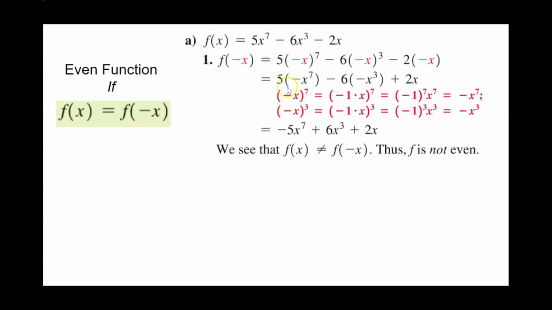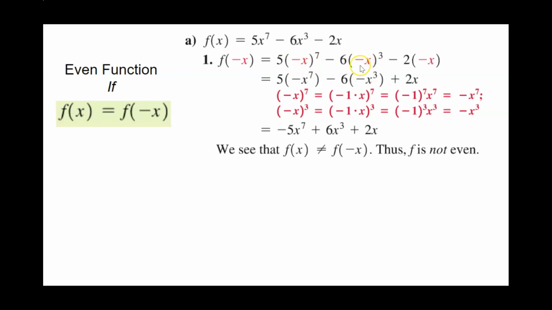If you raise a negative to an odd power, it remains a negative. If you raise it to an even power, it flips and changes to a positive. So odd remains a negative, and even will go to a positive once we do the math on that part.